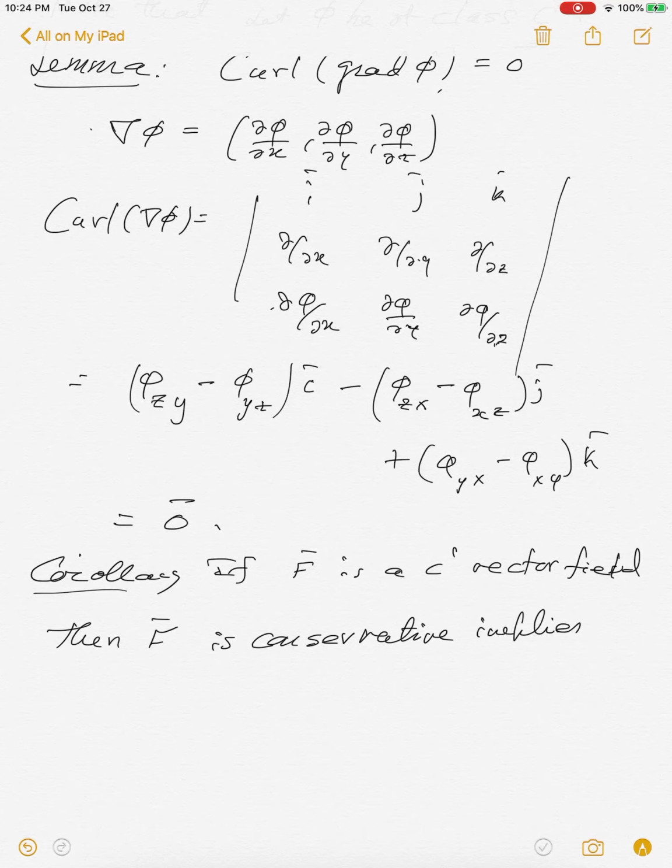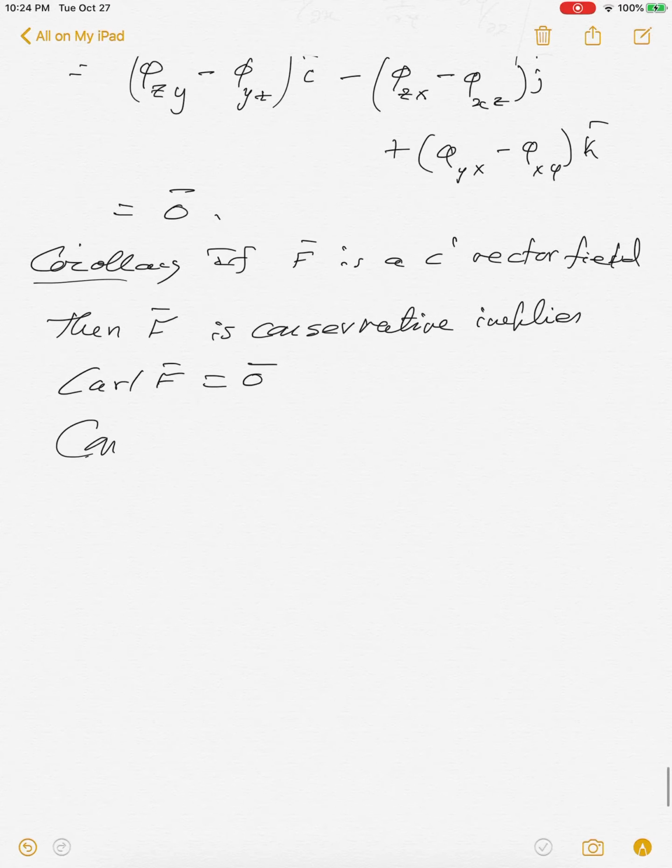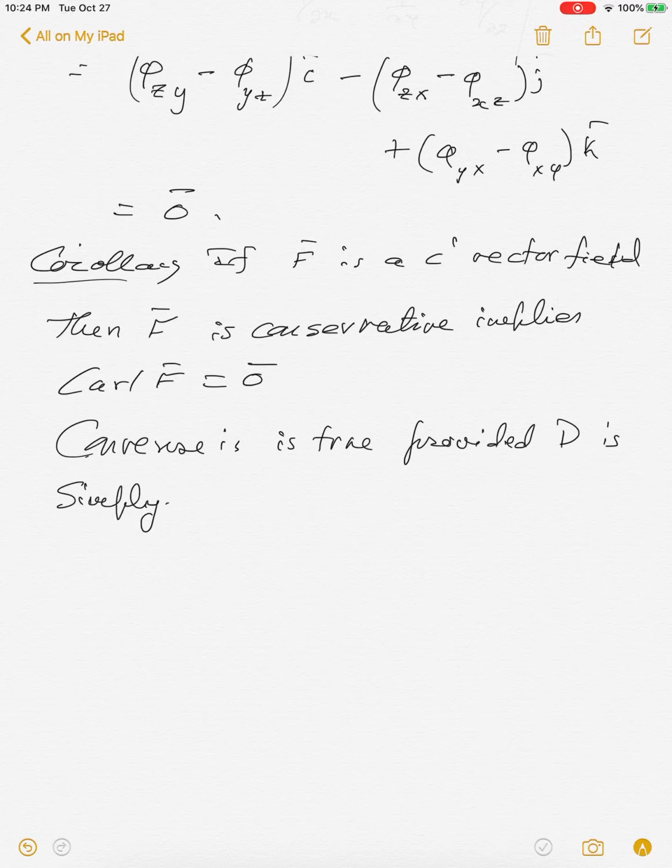That means f bar is gradient of phi, implies that curl f bar is 0. We saw this in 2 dimensions before. This is the criterion that you get dM/dy equal to dN/dx. The converse is also true. This is the higher dimensional analog. It is true provided D is simply connected.